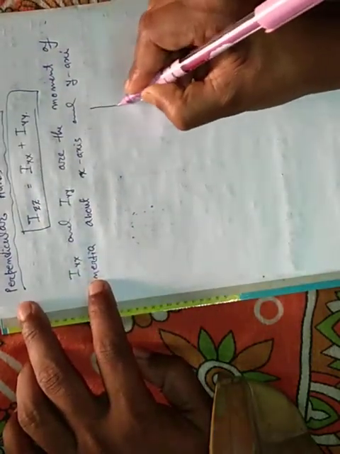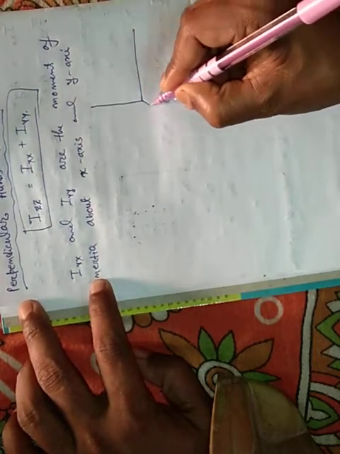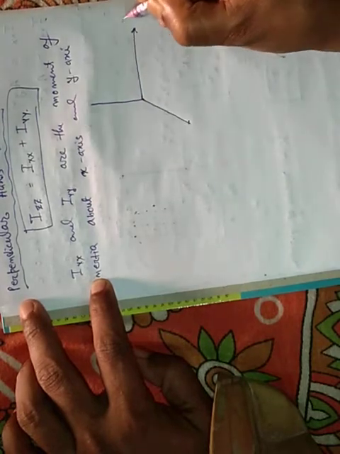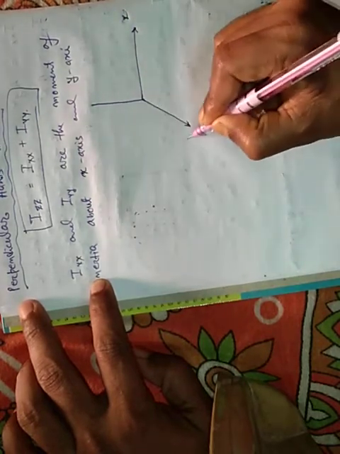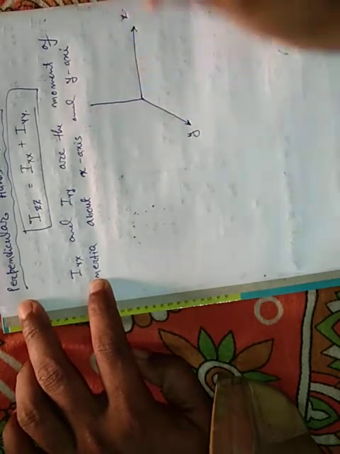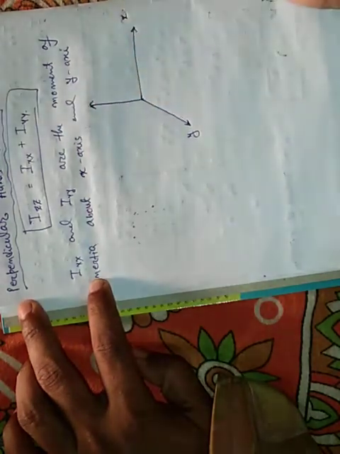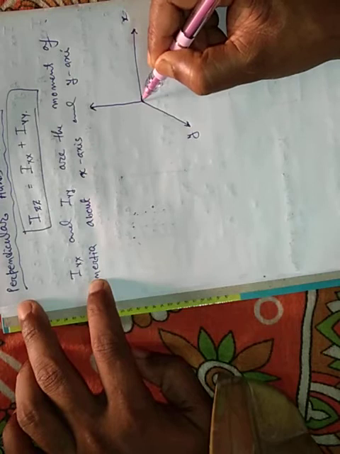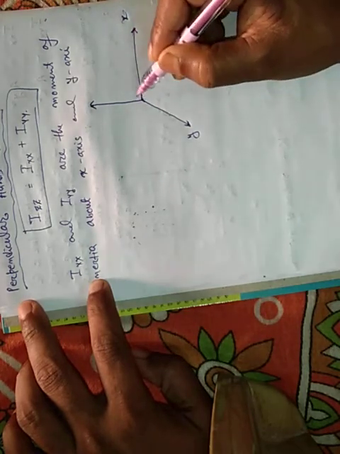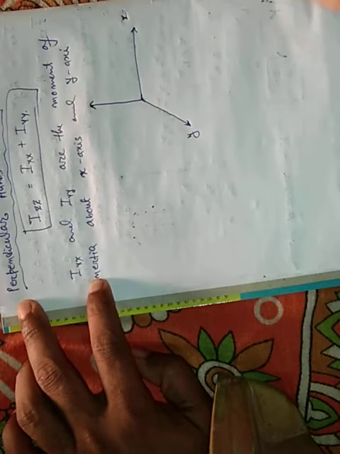They are mutually perpendicular. So this is the x-axis and this is the y-axis. They are mutually perpendicular, and z is perpendicular to the plane and passing through the intersection of the x-axis and y-axis. It is also perpendicular to the x-axis and perpendicular to the y-axis.